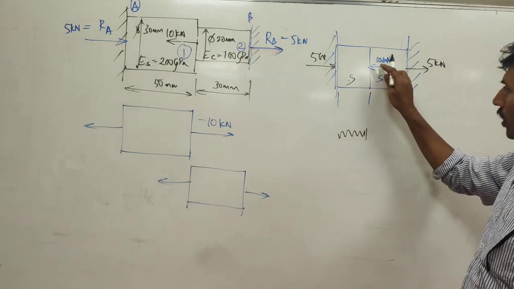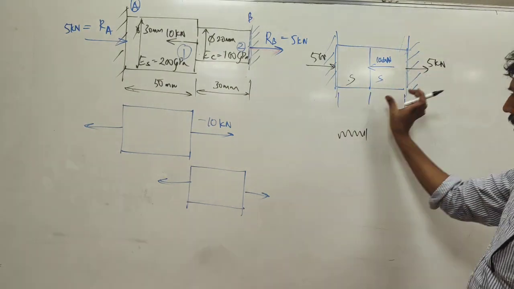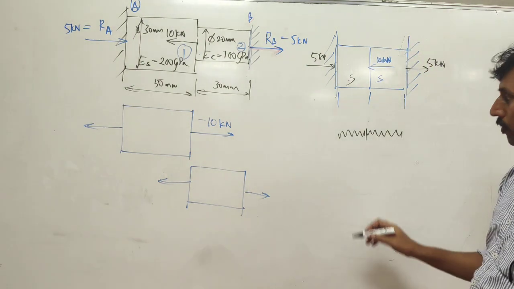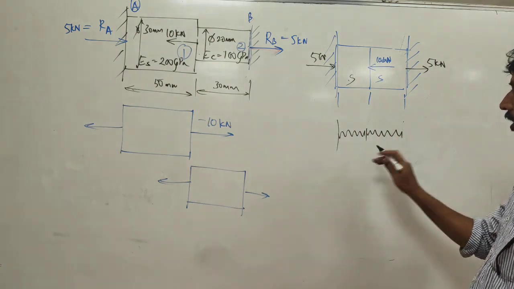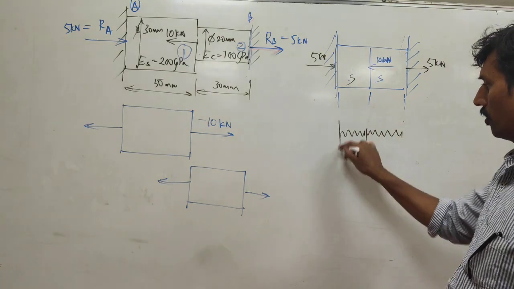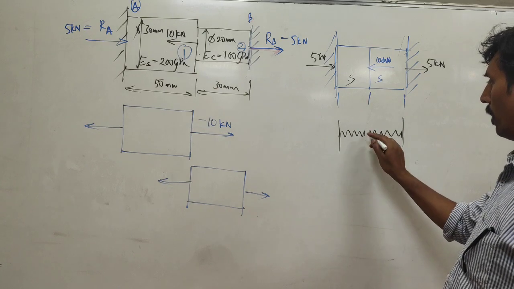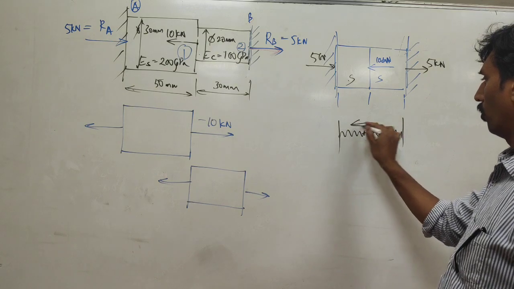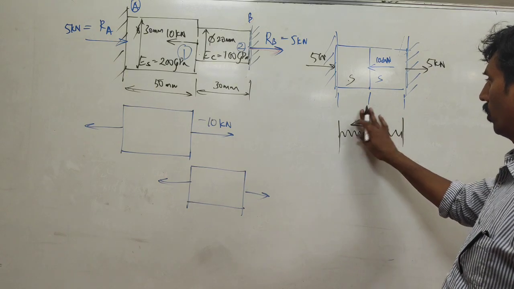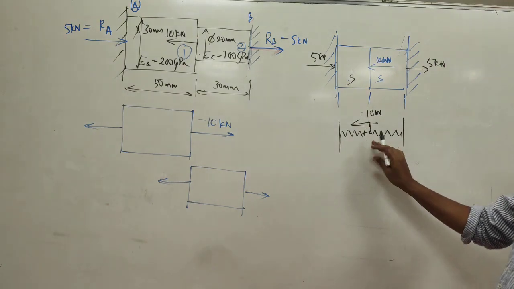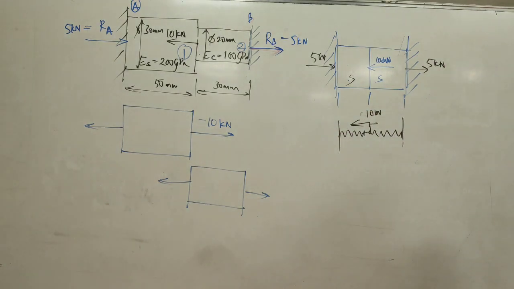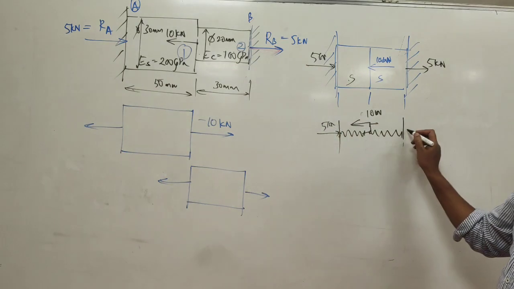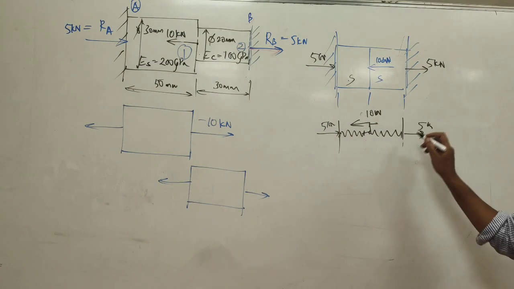If you apply a load of 10 kilonewton on such a spring, both sides are of the same stiffness, so each will oppose by 5 kilonewton.